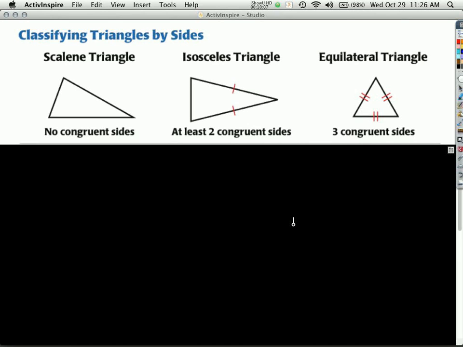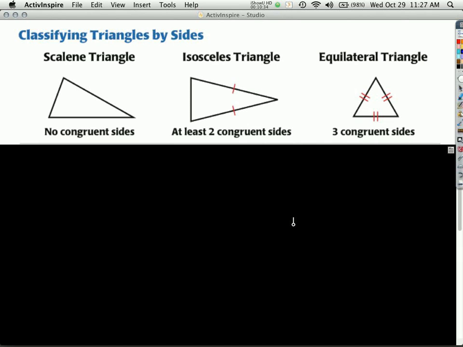Or you just make the judgment for yourself. You're a mature young person. You're in a 10th grade class. You decide for yourself. Do you really need to write down what an equilateral triangle is? I would hope that you don't, because you should already know what an equilateral triangle is. In fact, I would expect that you know all three of these. However, spelling counts, so you might need to write something down.